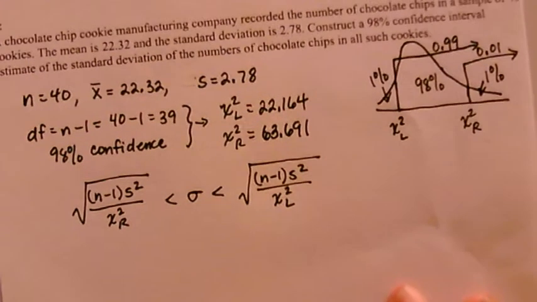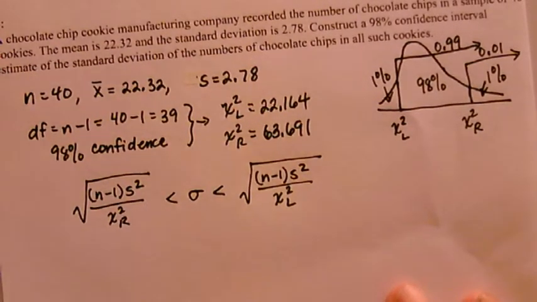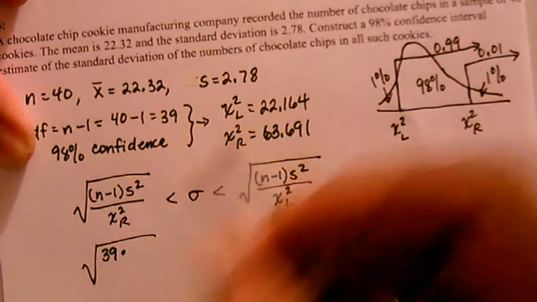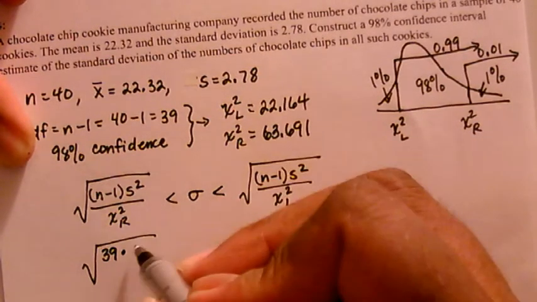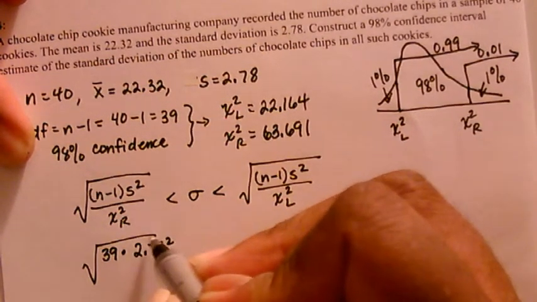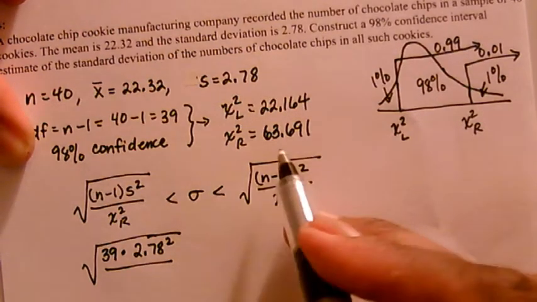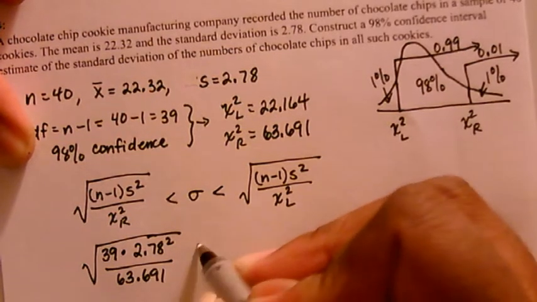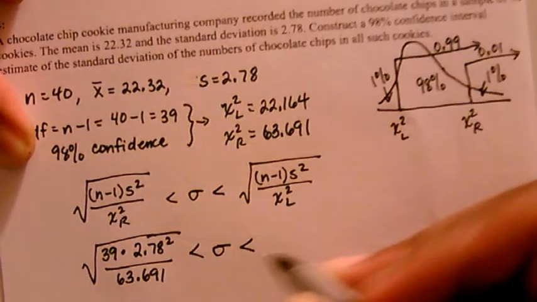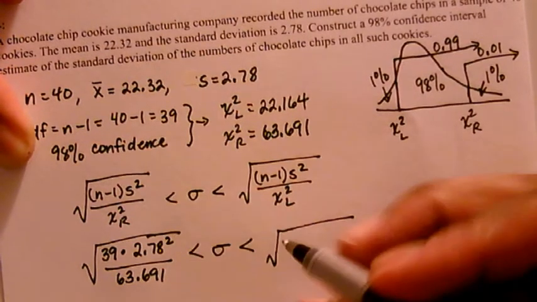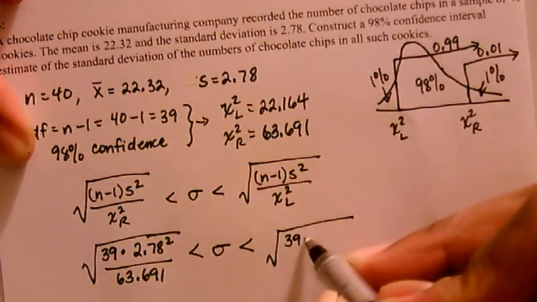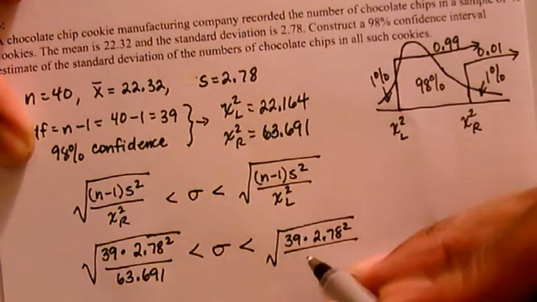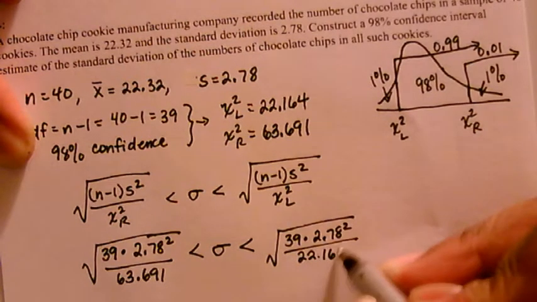Now n minus 1, which was 40 minus 1, which was 39, so we have the square root of 39 times 2.78 squared, all over the chi-square value on the right, which was 63.691, less than sigma, and less than the square root of 39 times 2.78 squared, over the chi-square value on the left, 22.164.